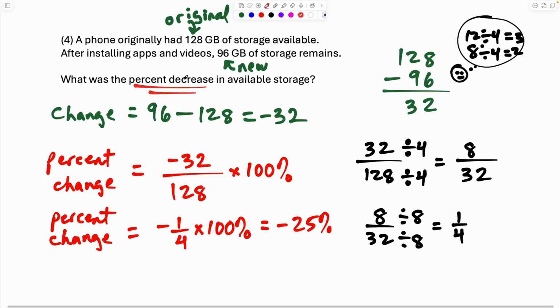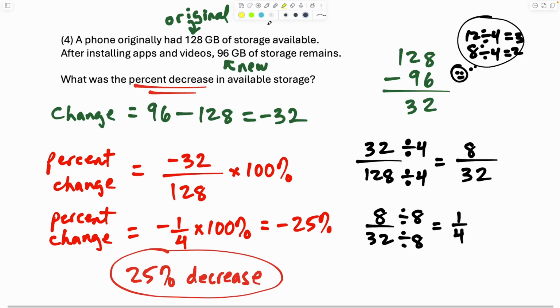But if I want to use the word decrease, I could say that there was a 25% decrease. This phrase, 25% decrease, is equivalent to saying the percent change is negative 25%. These are both equivalent statements, but the actual question is asking for the percent decrease.